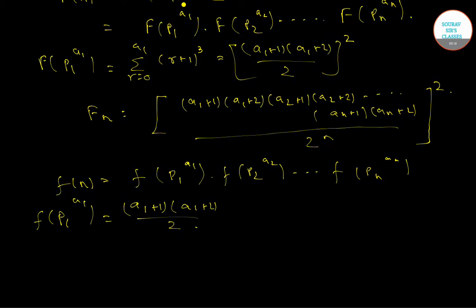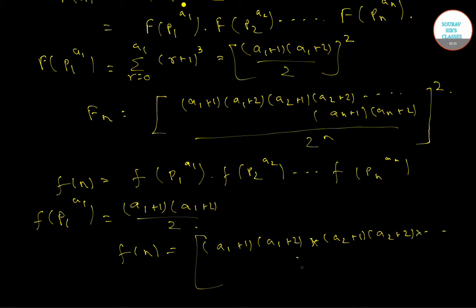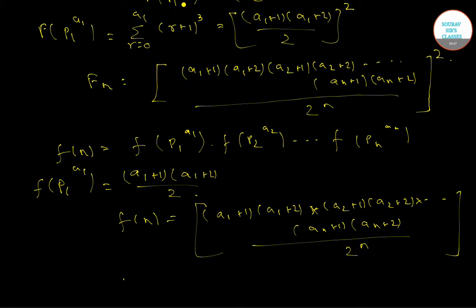So we have our g of n is equal to (a1 plus 1) into (a1 plus 2) into (a2 plus 1) into (a2 plus 2) into so on till (an plus 1) into (an plus 2), divided by 2 raised to the power n. Now comparing these two, we can get that f of n is equal to g of n square.